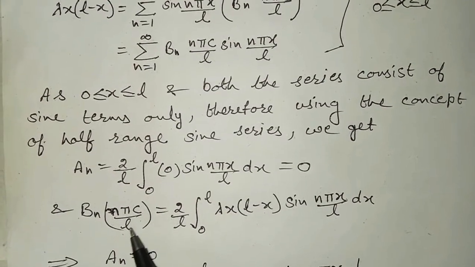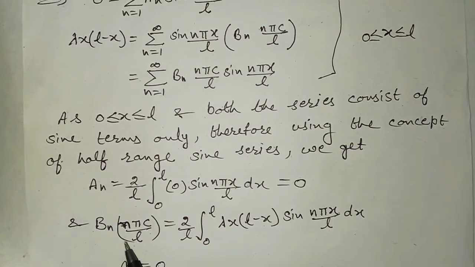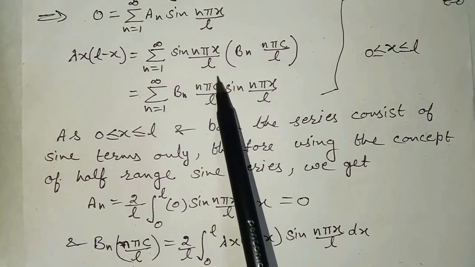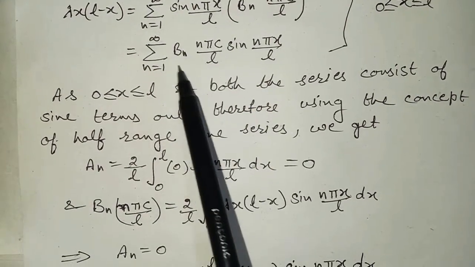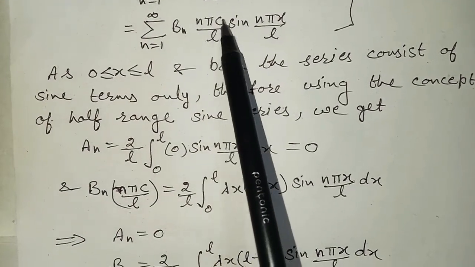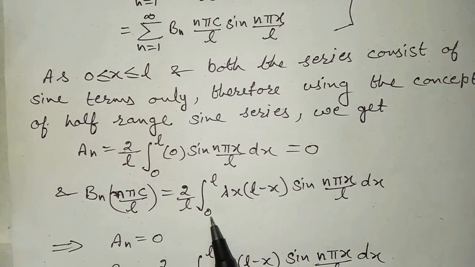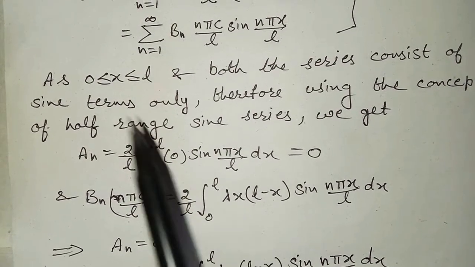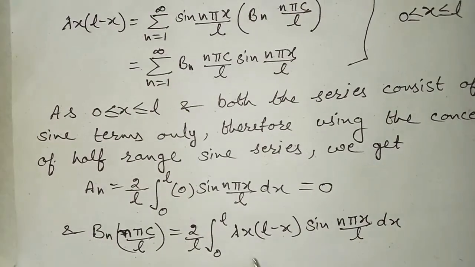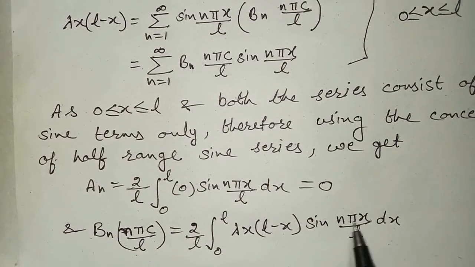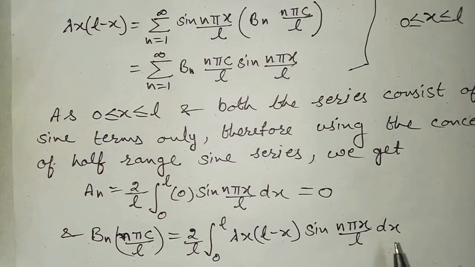This second series will give you bn, the coefficient part. So bn into n pi c by l is equal to 2 by l integration 0 to l of lambda x (l minus x) sin n pi x by l dx.